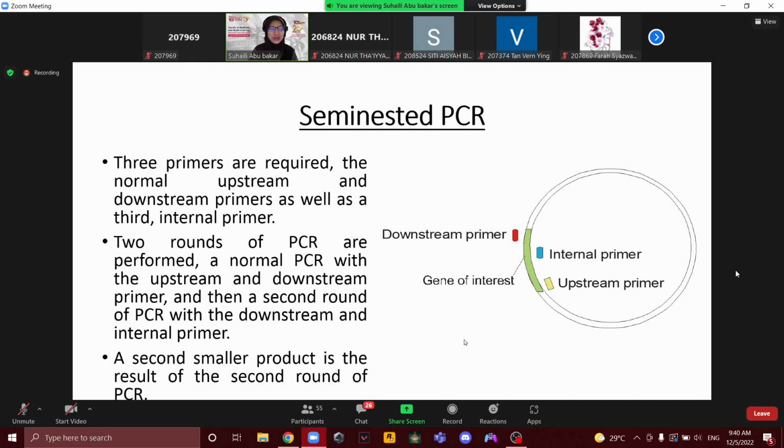You have to do 2 PCRs because you amplify the big region first. The second PCR product is usually smaller than the first one, a little bit smaller than the first PCR product. Okay? So that is semi-nested PCR.